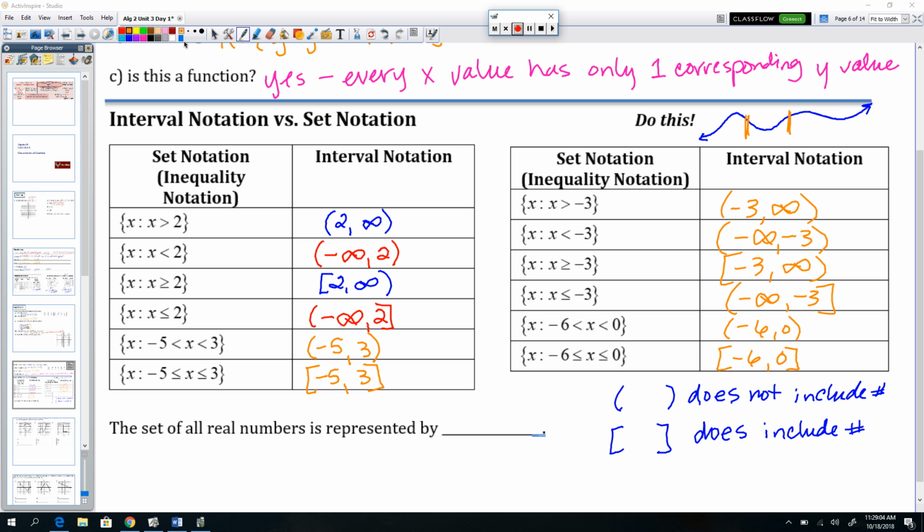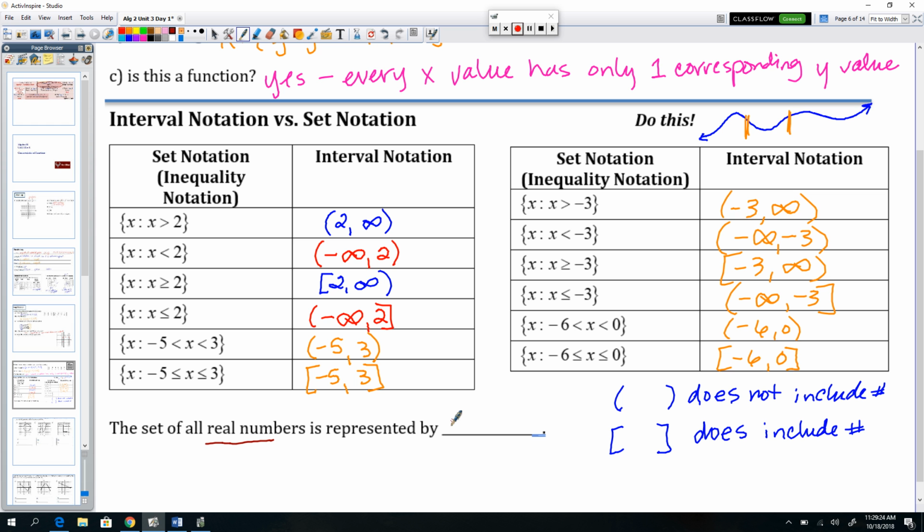Okay. The last little note that we want to make on this page is when we are talking about a function like the blue one that I drew here originally that goes on forever to the left and forever to the right, we're going to say that basically this thing lives for every single x value that we know about, all real numbers.